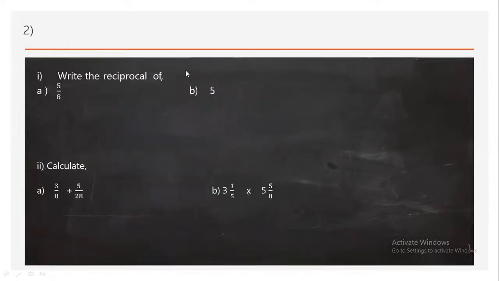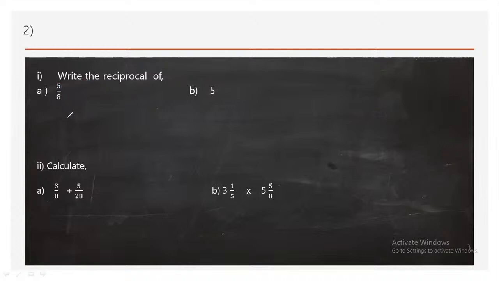Next one, write the reciprocal of 8 over 5. Reciprocal means that if you multiply them, the numbers below the line and over the line cancel out, giving 1. So the reciprocal of 8 over 5 is 5 over 8, turned upside down.